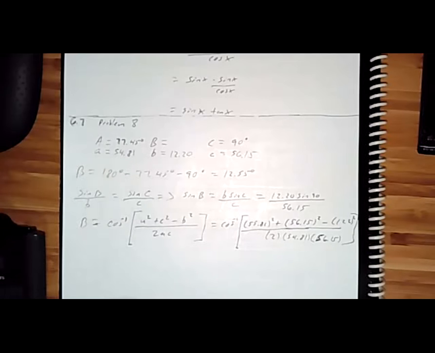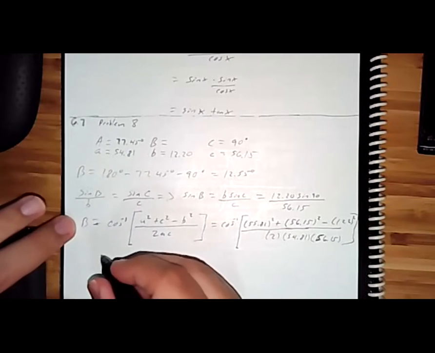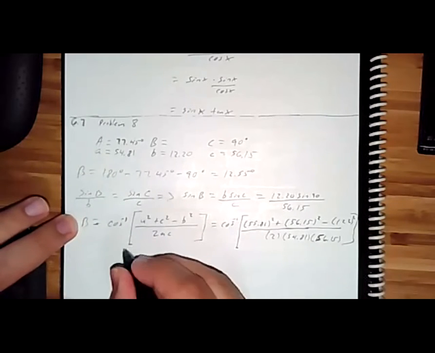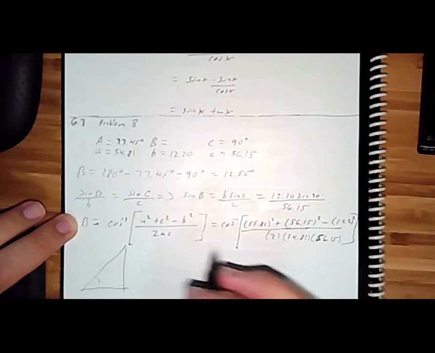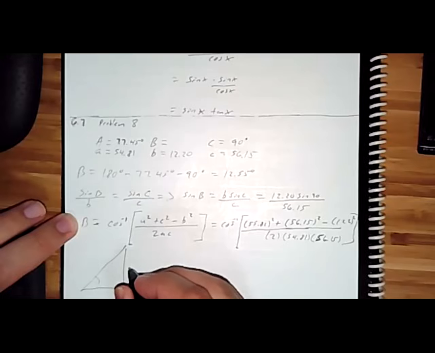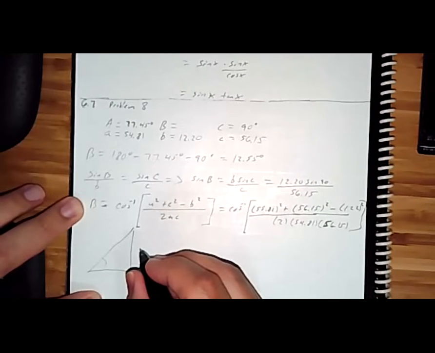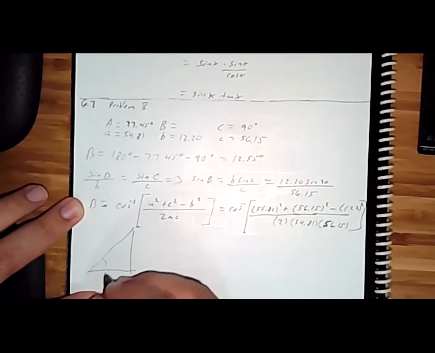Oh, wait a minute. Did you use the definition of cosine? Is that what you did? Yeah, I think so. I think I understand now. Sorry, I'm a little slow. You understand what I did now? So I'm going to call this side adjacent, 54.81.